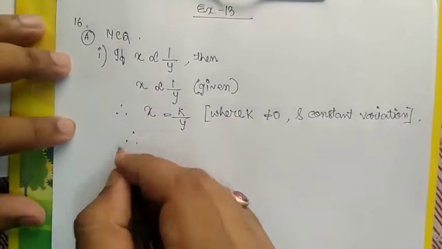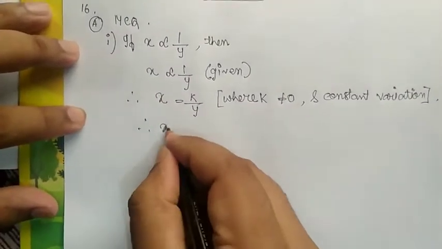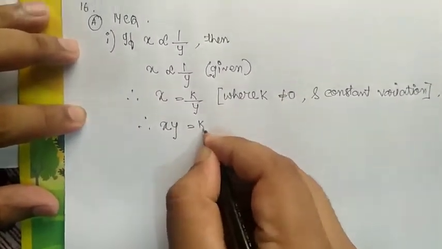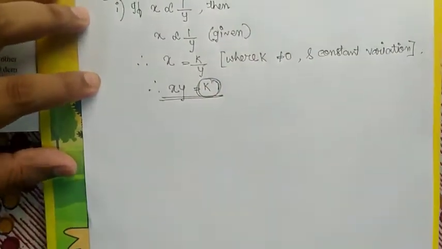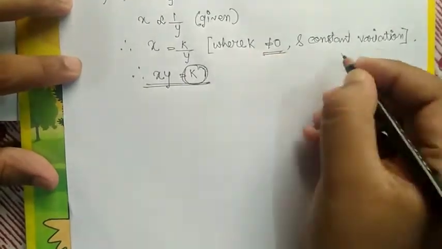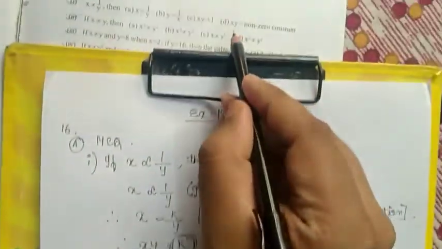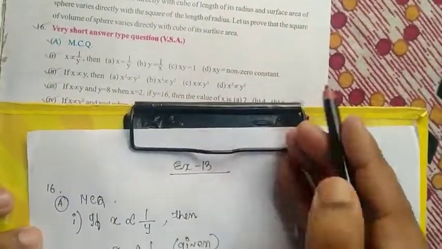Therefore if we cross multiply this, we can say xy equal to k. So xy equal to k. Now k is a non-zero constant variation. We write that non-zero and constant variation. Therefore the option number 4 is correct, xy equal to non-zero constant.